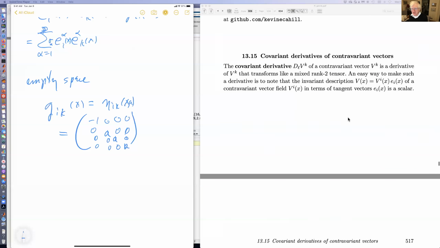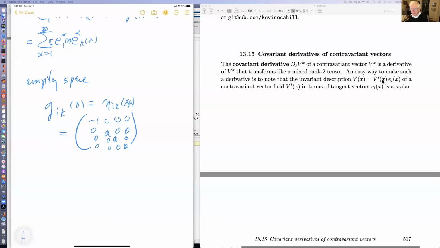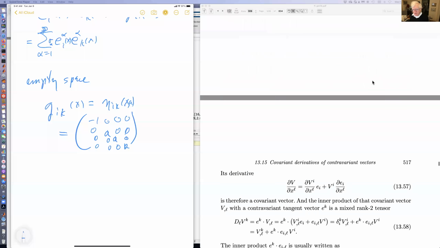Suppose we think of V, some contravariant vector. If we contract that contravariant vector with these basis vectors, what we've got is a scalar.